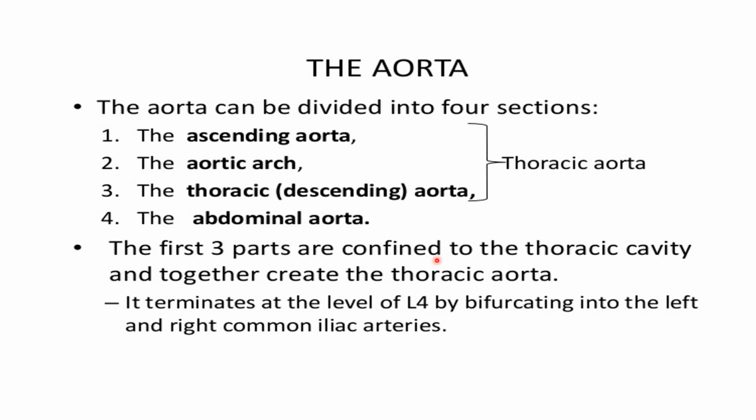The first 3 parts are confined to the thoracic cavity and together create the thoracic aorta. The abdominal aorta we will be discussing in the abdomen. The aorta terminates at the level of the L4 vertebra by bifurcating into left and right common iliac arteries.